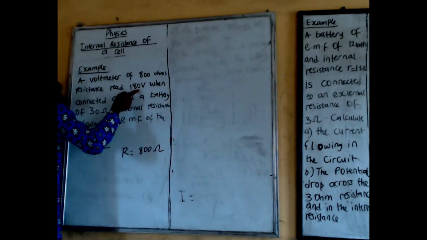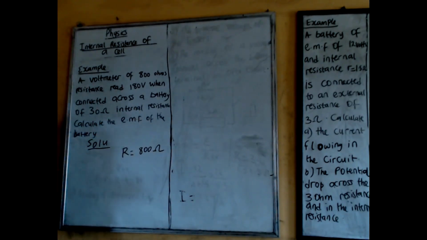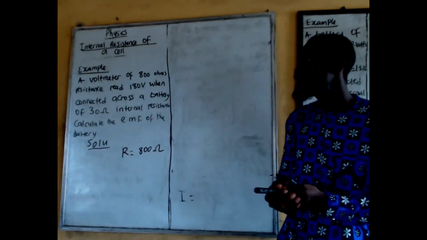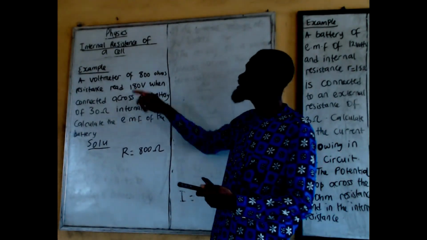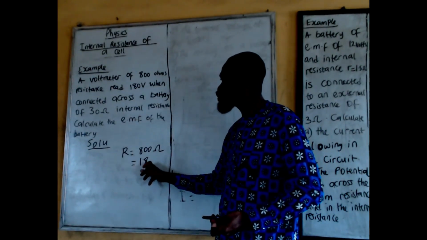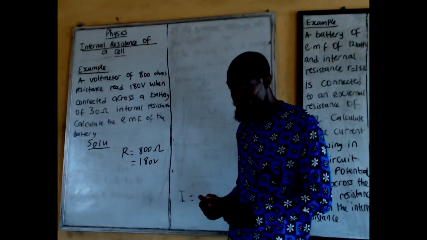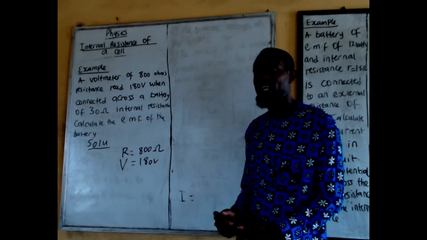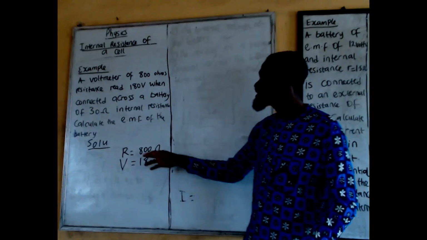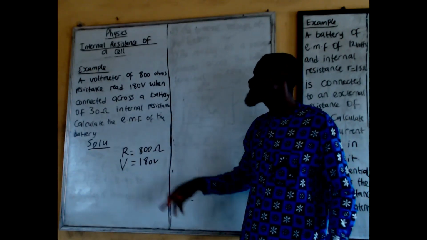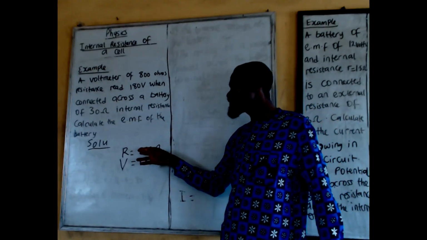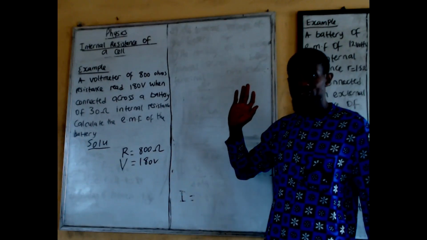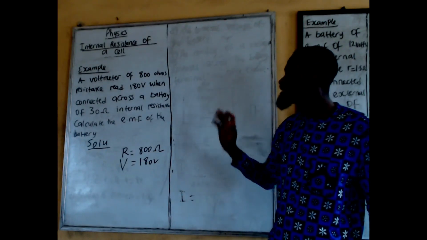So the reading the voltmeter is giving is just like the terminal potential difference across the external resistance. So this 180 volts is now for big V, the terminal potential difference across this external resistance, because we are considering the resistance of just the voltmeter. No resistor was said to be placed in this circuit.